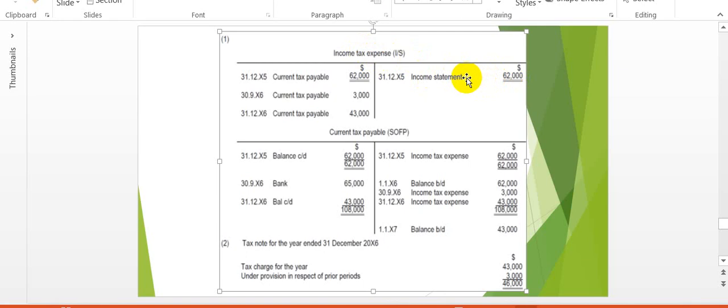So debit income statement with the $62,000 to close off 20X5. But in the statement of financial position, you've got an income tax liability of $62,000.